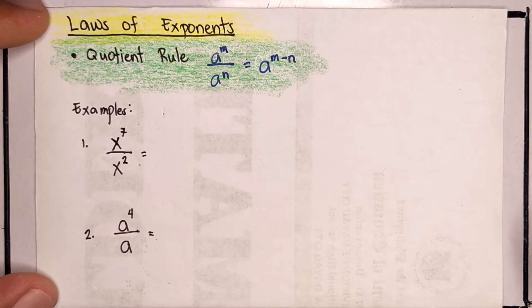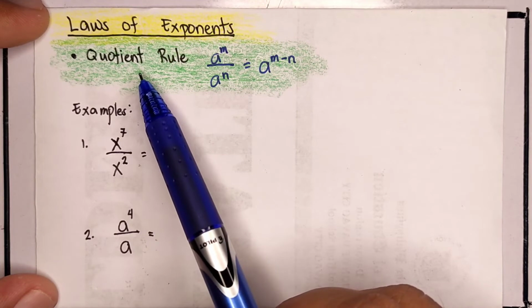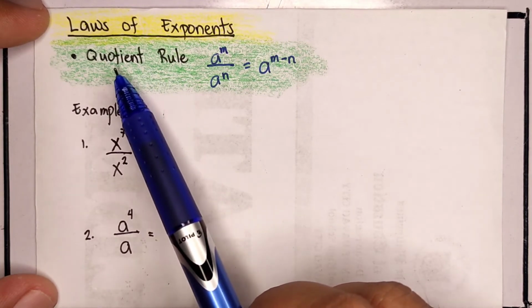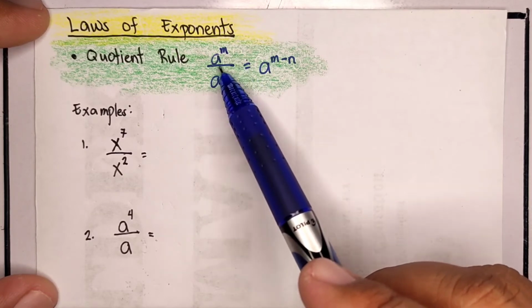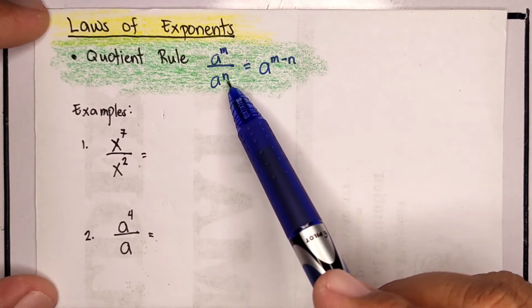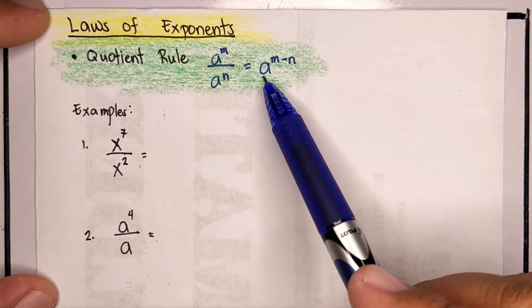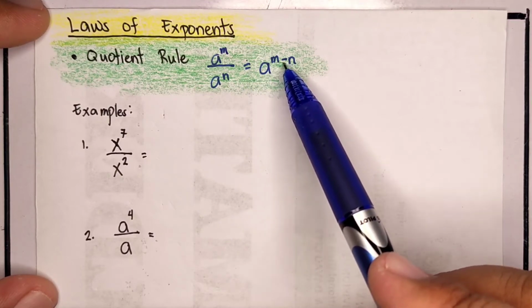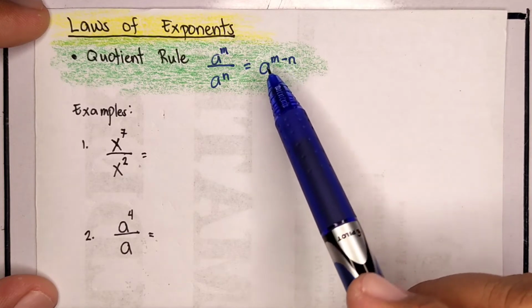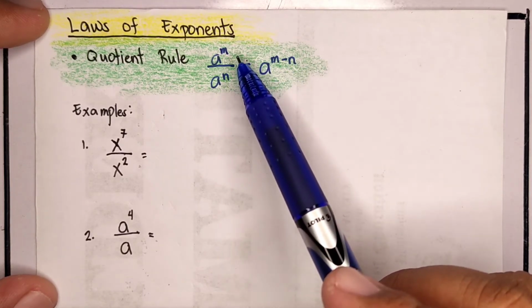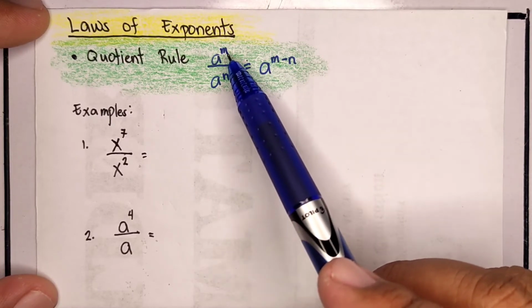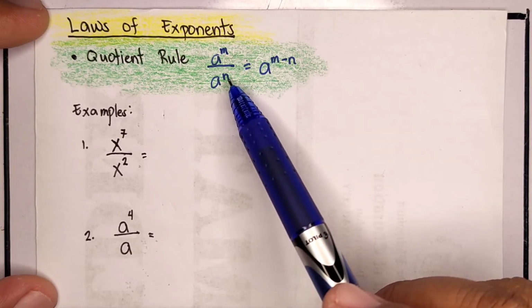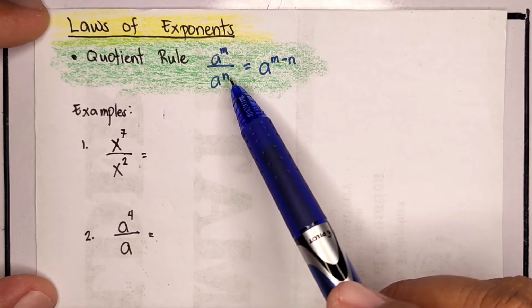Again, we have here the law of exponents, and the second rule is the quotient rule, which is a raised to the power of m over a raised to the power of n is equal to a raised to the power of m minus n. Okay? Ang gagawin natin in the quotient rule, we need to subtract the exponents. Exponents ng numerator minus the exponents of the denominator.